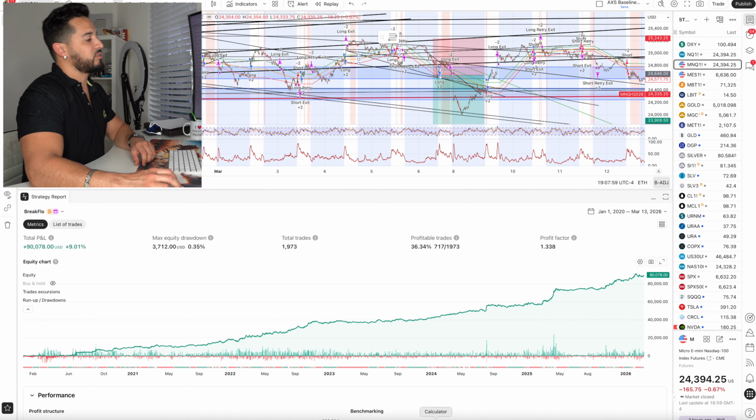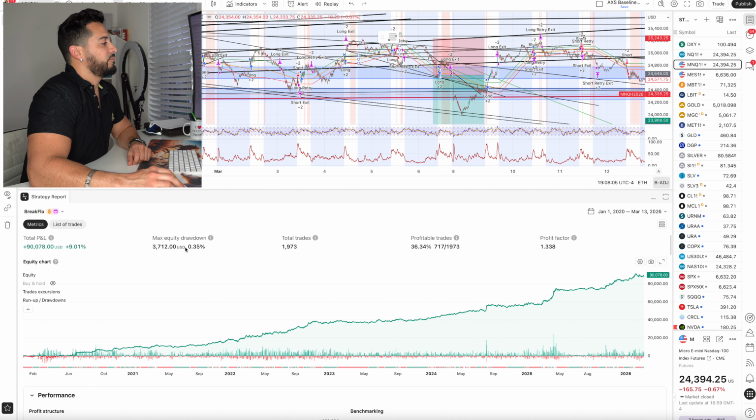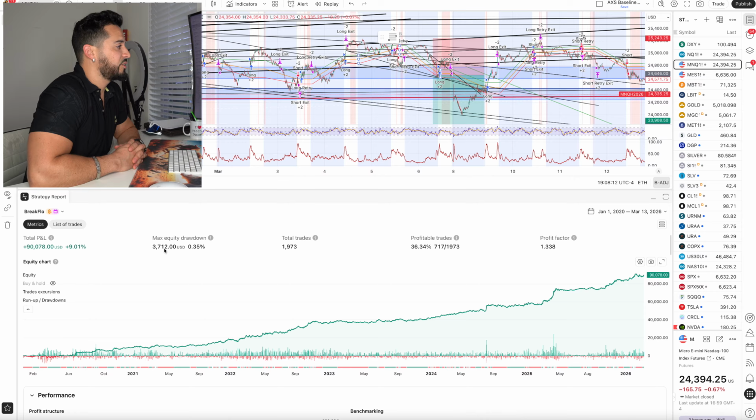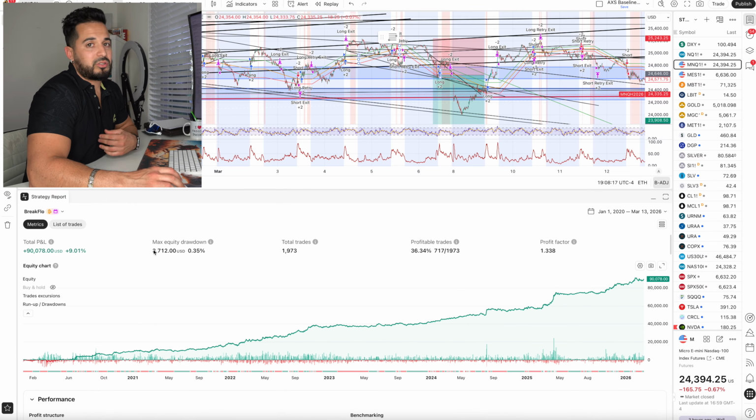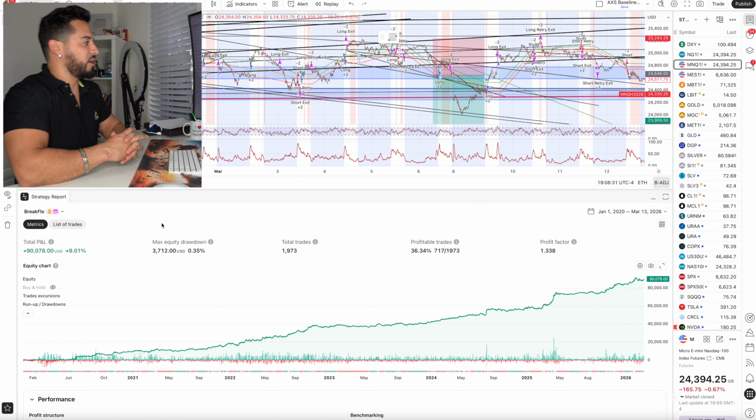You would have made $90,000, and your account would have only ever gone down a maximum of $3,712. So very low risk. I personally would only use this setting if I was investing over like $500,000 or more into this. But yeah, everyone has different risk profiles.